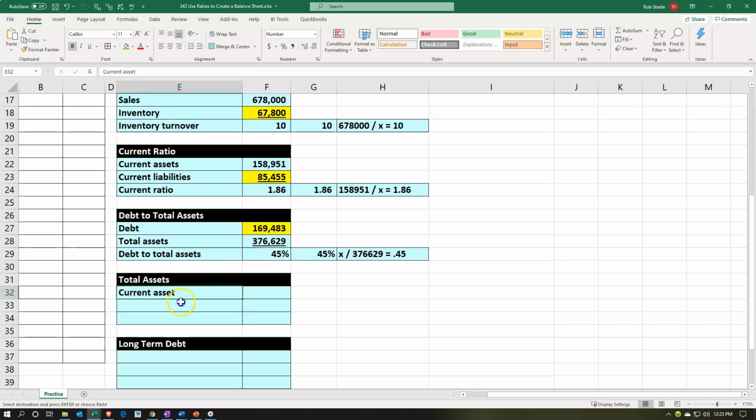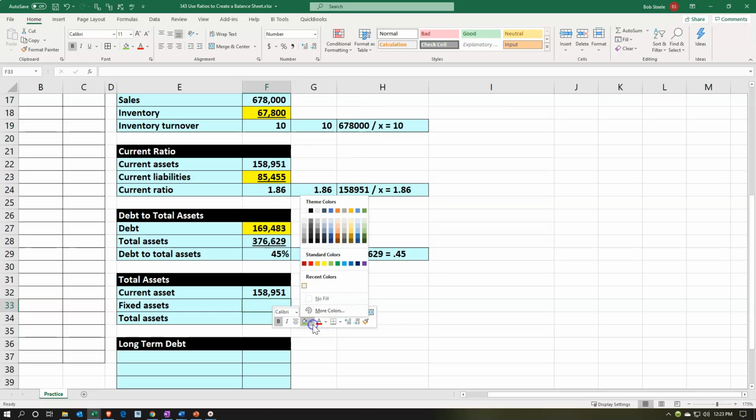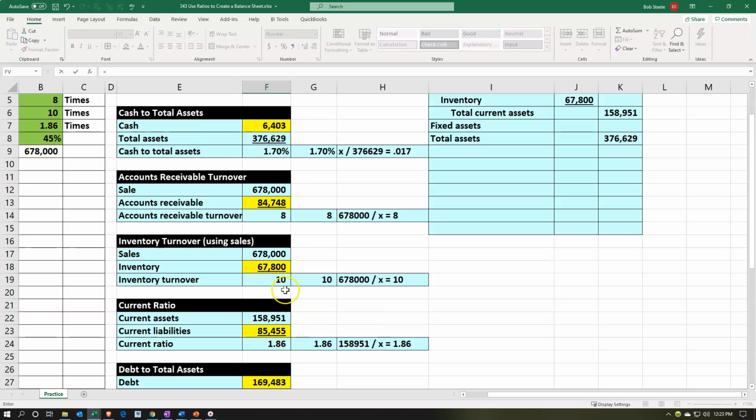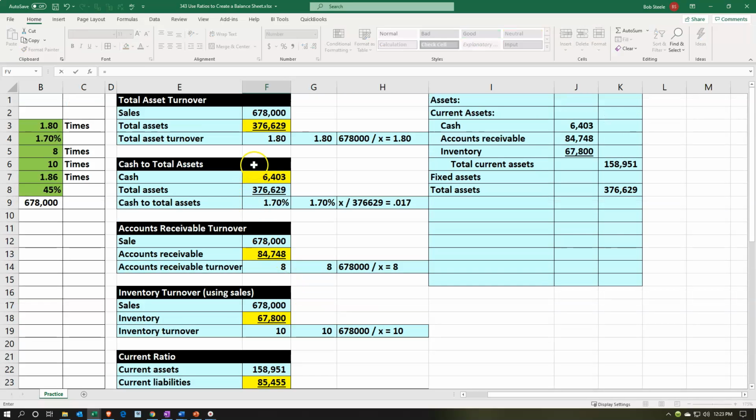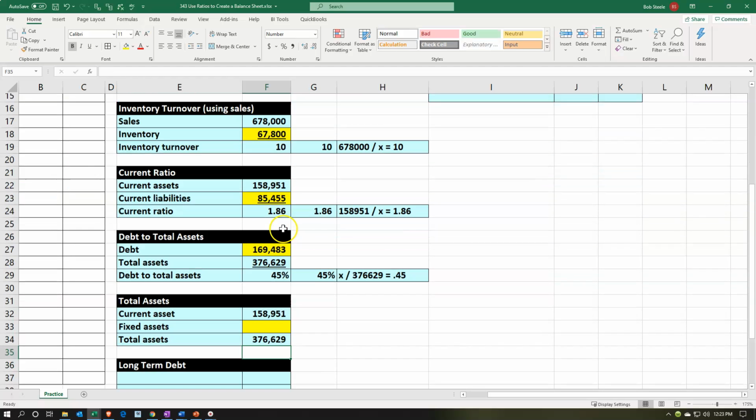The current assets we figured out up top. The fixed assets is going to be the unknown, so I'm going to make that yellow, because we don't know what that is. But we know that the total assets, which we found up top here, is going to be equal to that. So that means we have the unknown there.